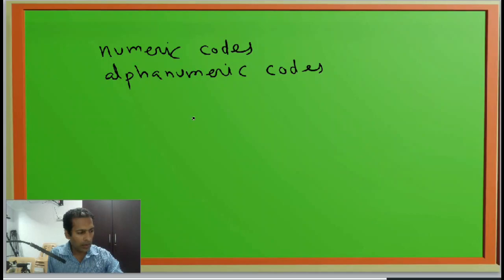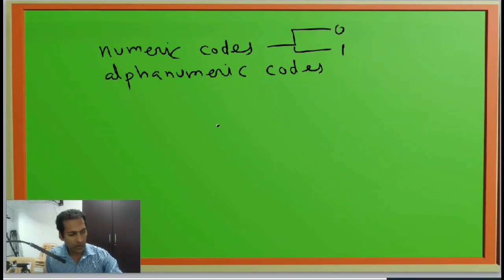Numeric codes are those which represent numeric information, that means only numbers, say for binary it may be 0 and 1. Other examples are gray code or XS3 code. These are numeric codes that we will study in this chapter.